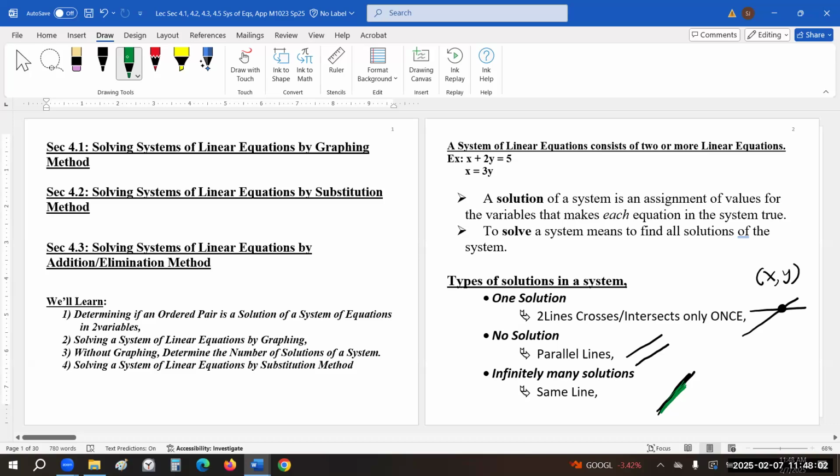And when you have the exact same lines, they are touching one another infinitely many times. So we have infinitely many solutions. Not one, so many solutions. So our solution has three scenarios: either a unique solution, no solution, or infinite solutions.